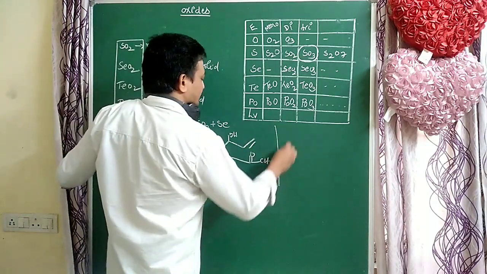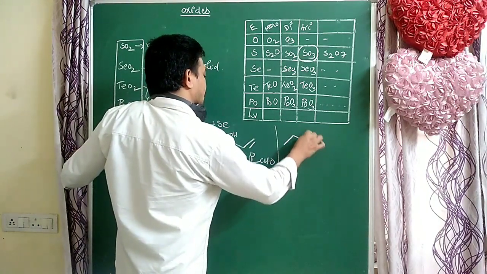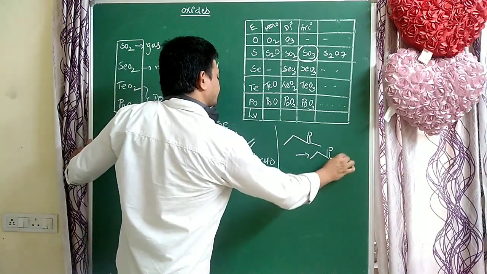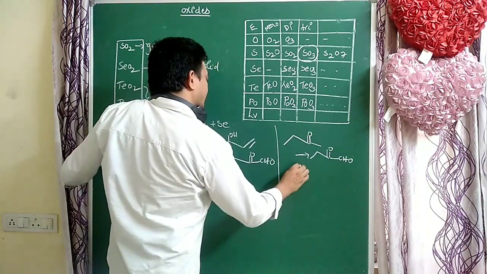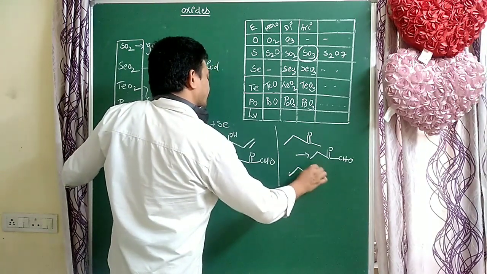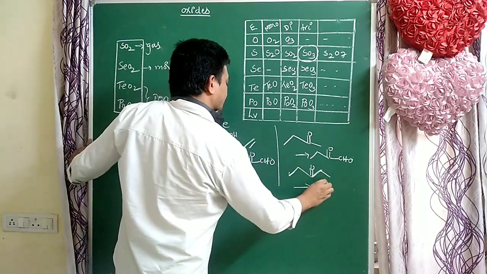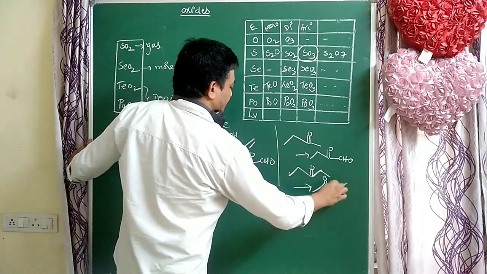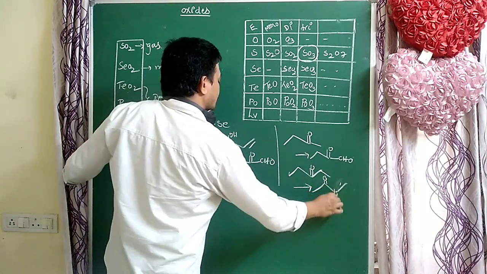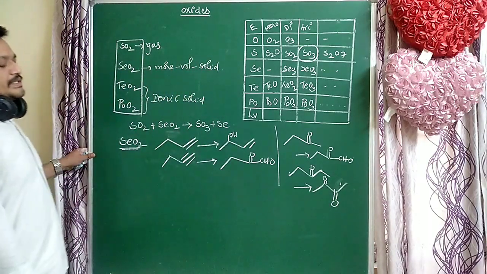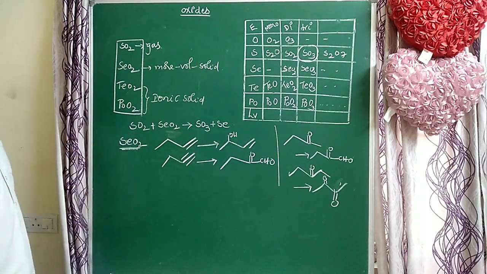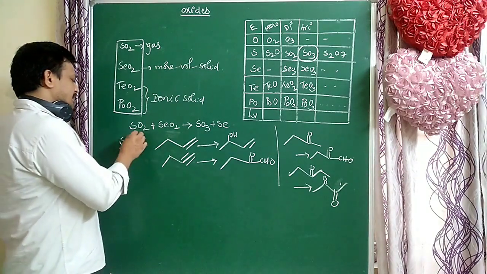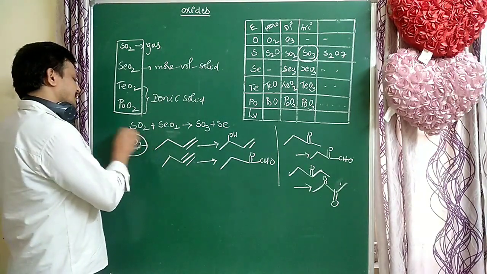And an active methylene group adjacent to aldehydes and ketones is also oxidized, forming aldehydes and ketones. So these are very important oxidizing agents in organic chemistry.